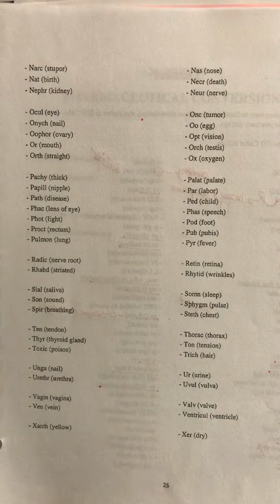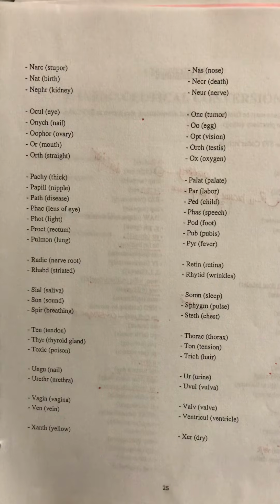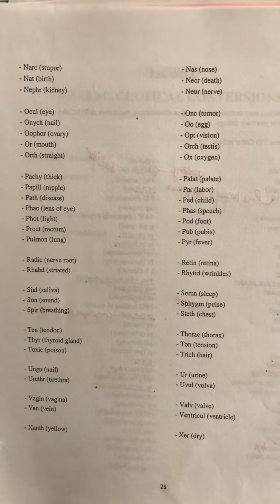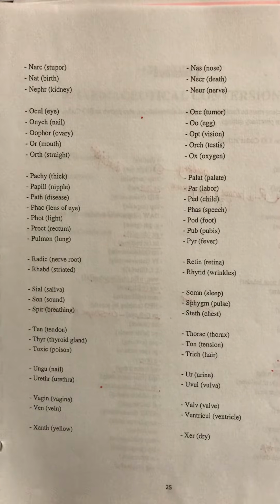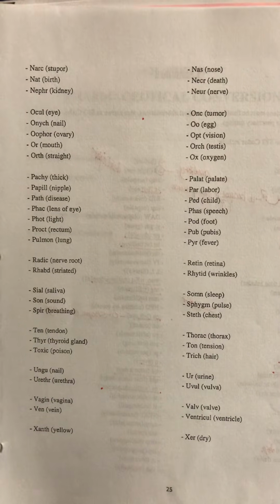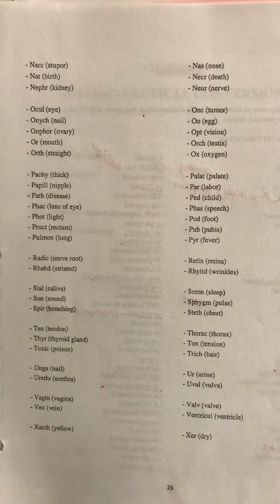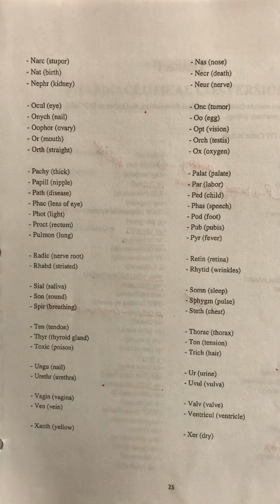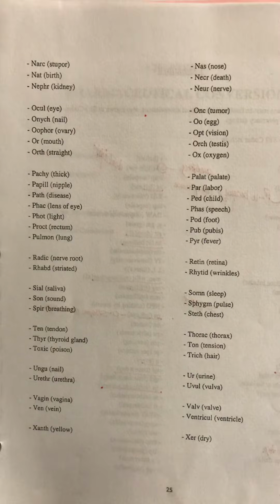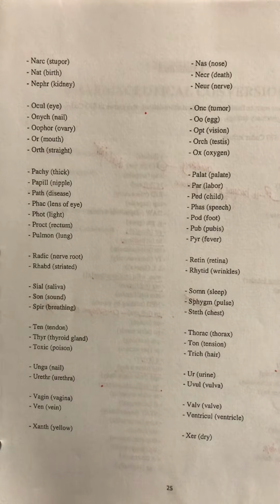You will see some of these that you recognize as well. Most common one that you'll be seeing is oral. O-R means mouth. So if it's oral, it's practically by mouth. O-O-P-H means ovary. You'll see that when they're talking about an oophorectomy. They took out the ovary.